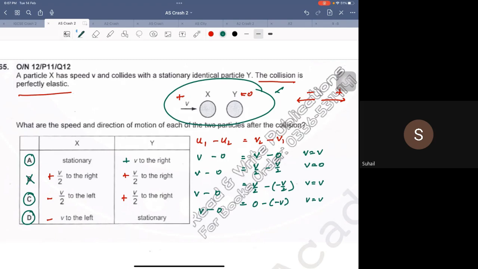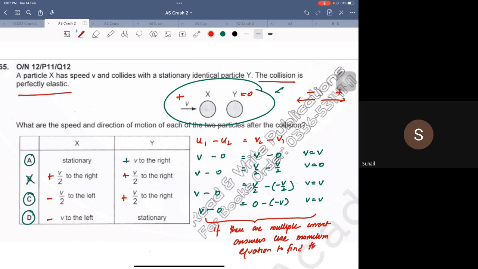Once this situation occurs, and that is the reason why I want you to check all answers, because there can be multiple correct answers with this equation. So if there are multiple correct answers, use the momentum equation to find the right one.